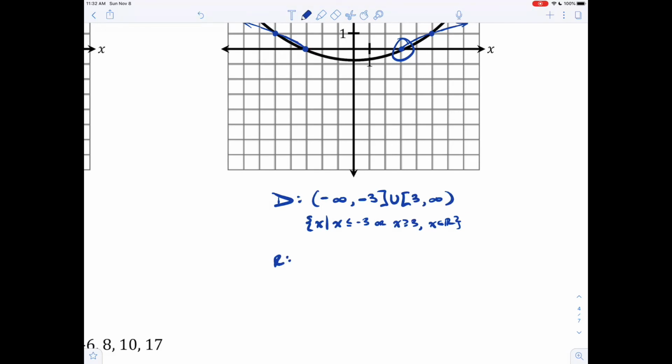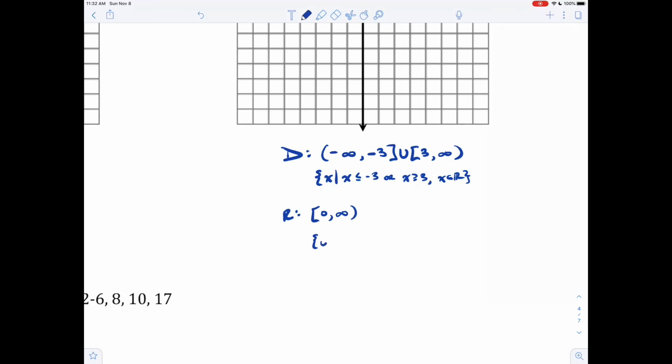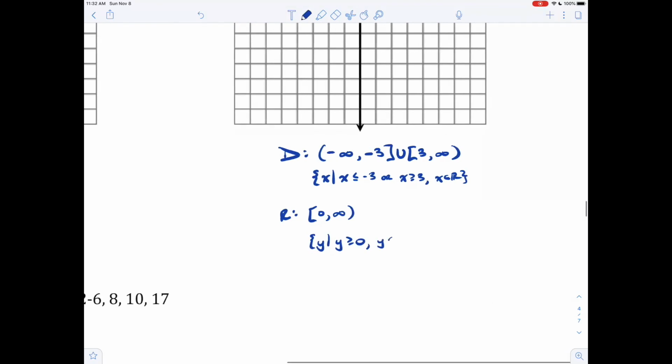Either notation is fine. And just to say that again, because I know someone's going to ask me this: either notation is fine. Range. We're going to take this as low as 0, and it goes on infinitely. That one is done. If you want to have that in set notation, then you're good.